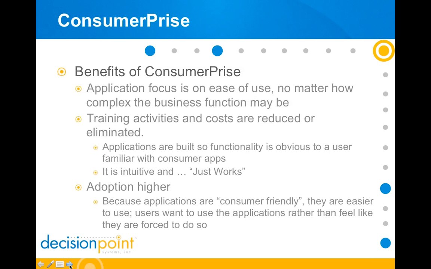The applications are built so functionality is obvious to users that are familiar with consumer apps. It's intuitive and it just works. There are many complex apps today available on the App Store that I'm sure you've downloaded. How many of those complex apps found on the App Store come with an instruction manual? Well, the answer to that obviously is none.